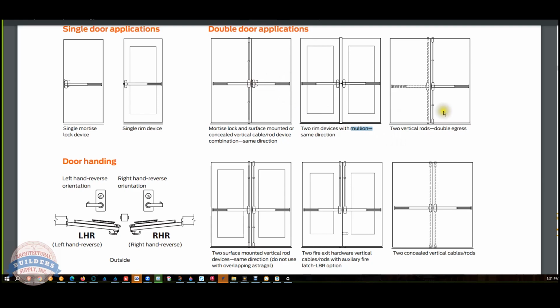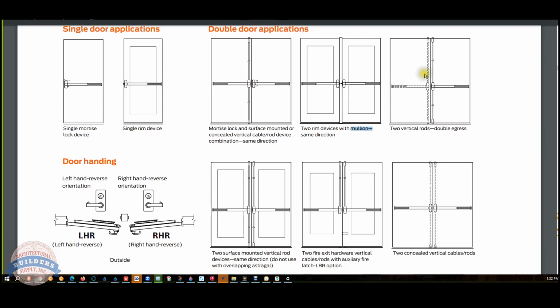So the device that you're using becomes a derivative product of what your application demands. You can't have a pair of doors and 2 rim devices without a mullion. A lot of people don't want a mullion. It's a big steel tube. If it's a single door, you probably don't need vertical rods because it unnecessarily complicates the opening.